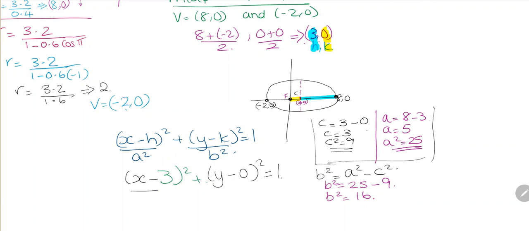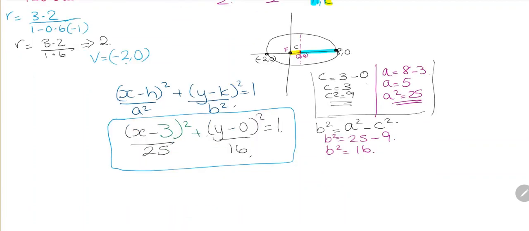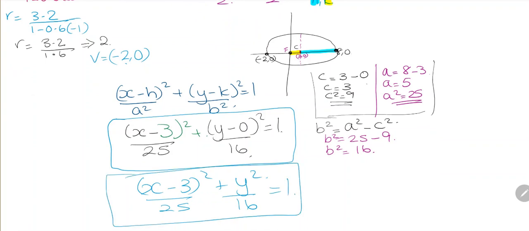We've worked out a squared is 25 and b squared is 16. This is our answer, but we don't write it with y minus 0. So we're going to simplify further and write it with just y squared. And there's our simplified answer.